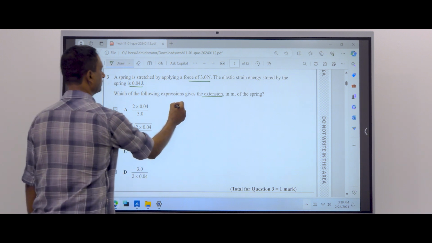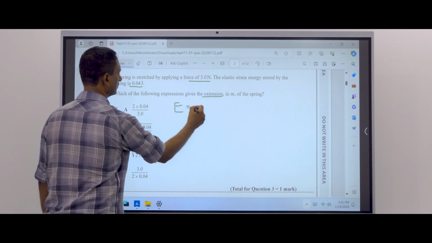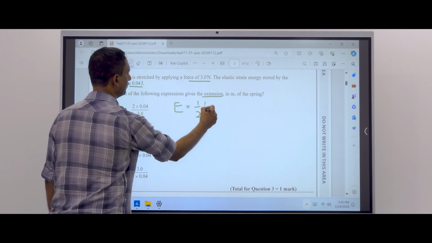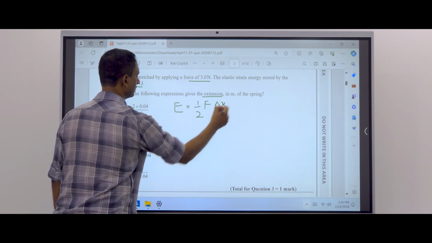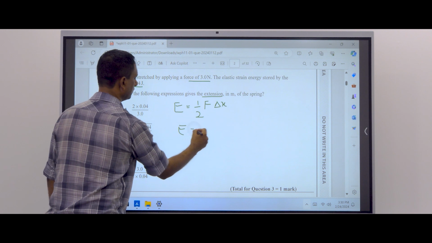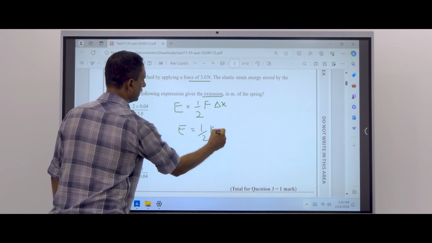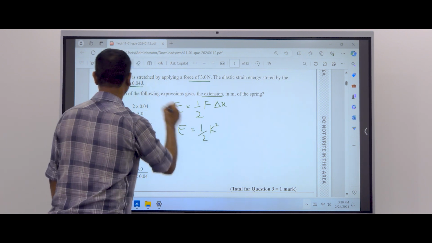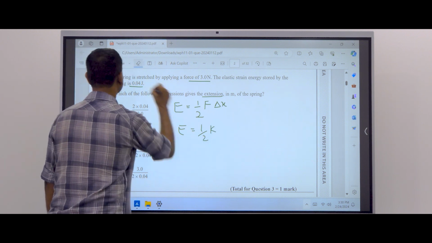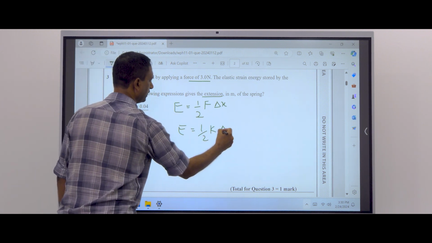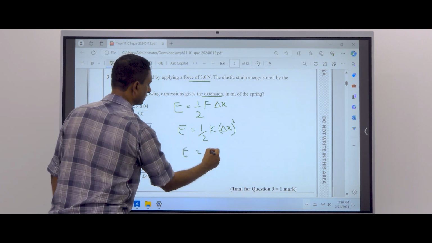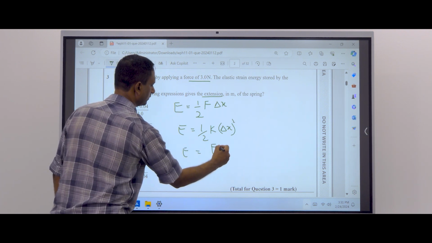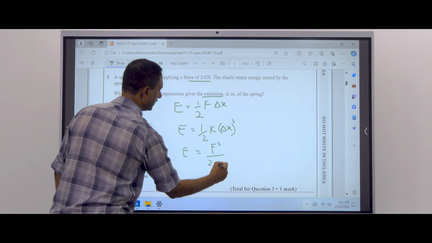Energy equals half F delta x, where delta x is the extension. Energy equals half K delta x squared, and energy equals F squared over 2 delta x.